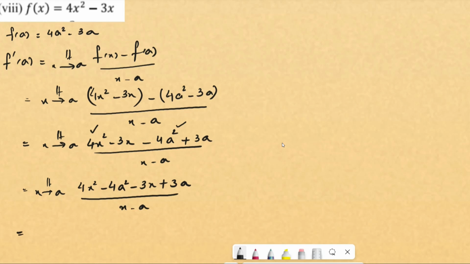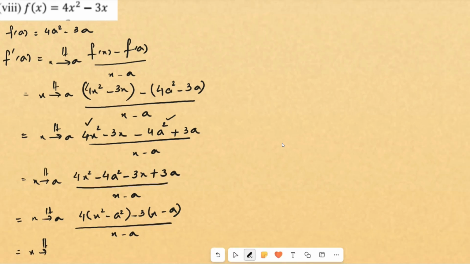So it would be the limit as x approaches a of 4x square minus 4a square minus 3x plus 3a divided by x minus a. So taking 4 as common, x square minus a square, minus 3 as common, x minus a. As x approaches a, it would be 4. It can be a square minus b square, so x plus a into x minus a, minus 3 into x minus a, divided by x minus a.